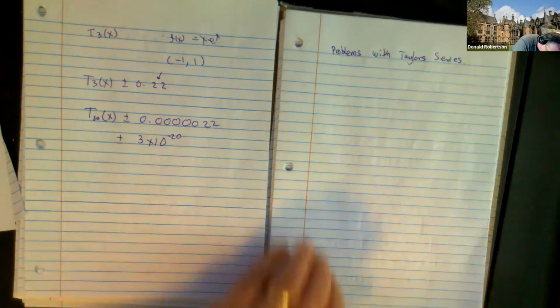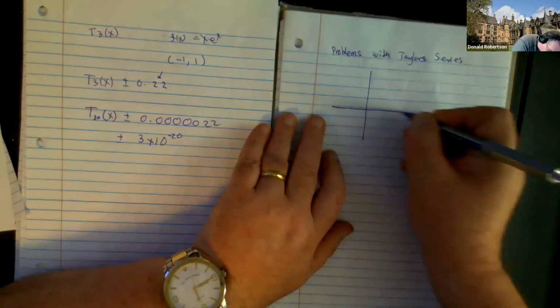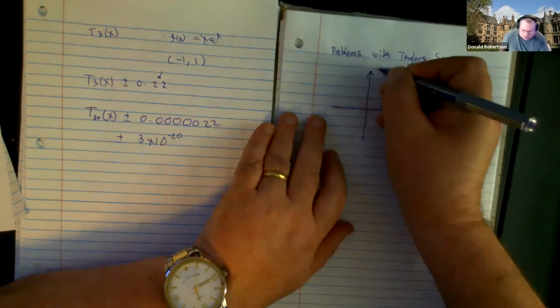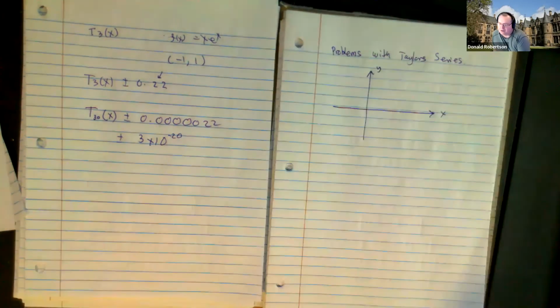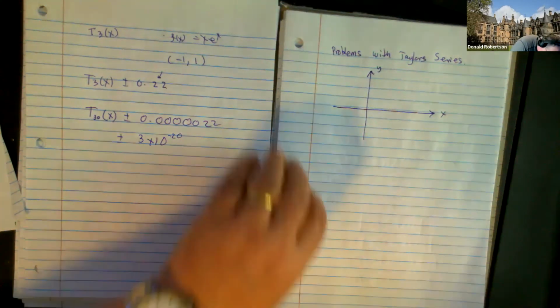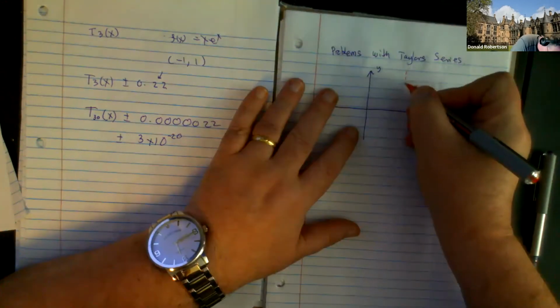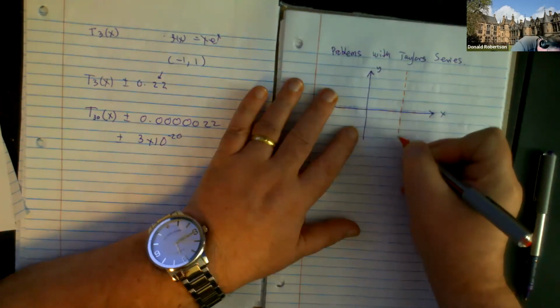Certain functions don't play well with the Taylor series, right? They don't converge quickly, they're messy, whatever you want to call it. So let's look at what makes a bad function to do a Taylor series on.